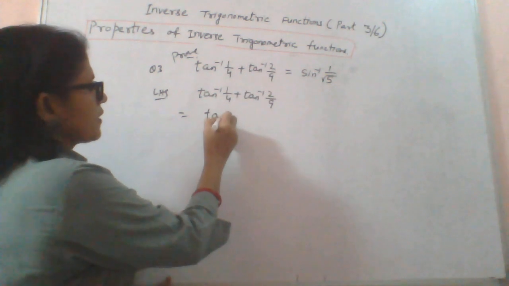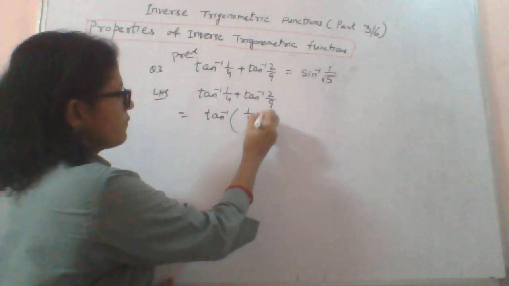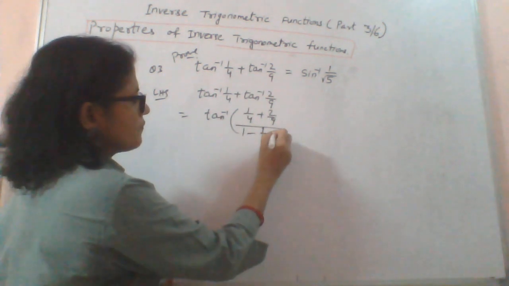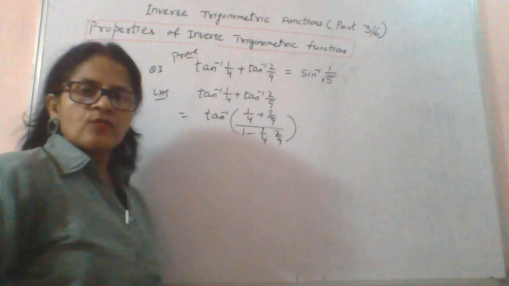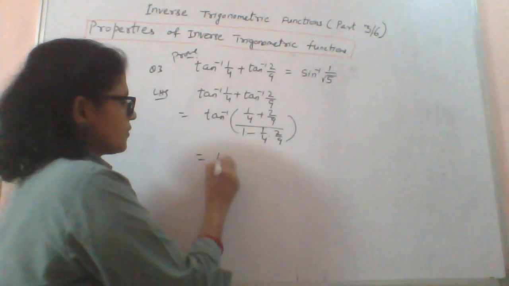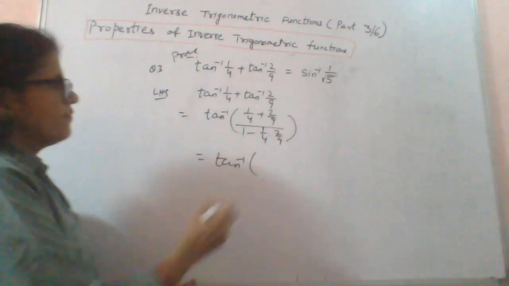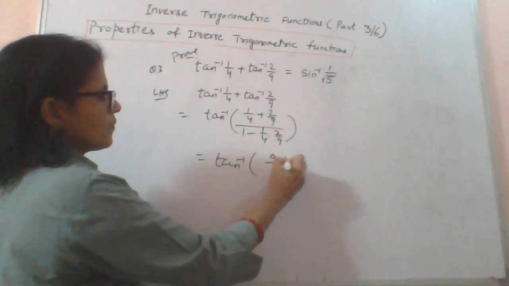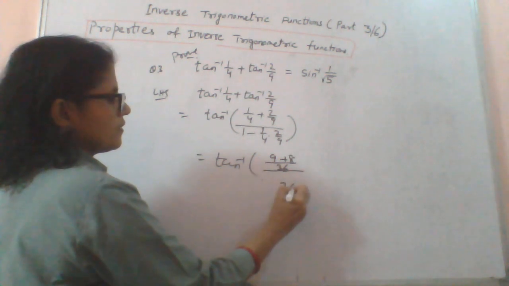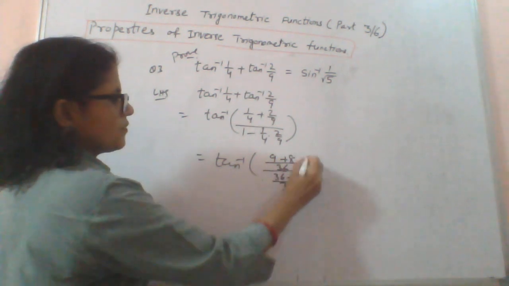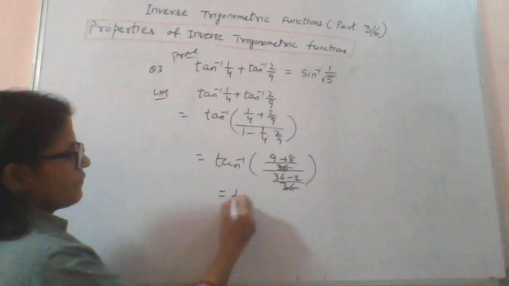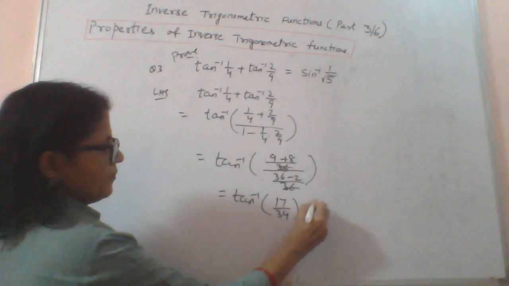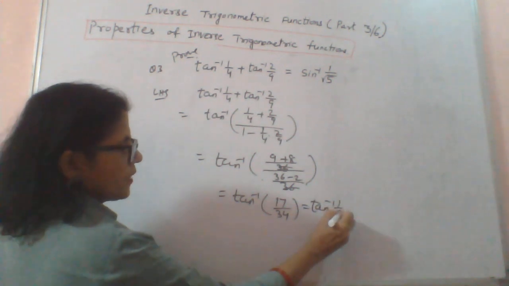So we can take tan inverse of (1 by 4 plus 2 by 9) over (1 minus 1 by 4 into 2 by 9). Quickly we can do this. So tan inverse of, here it is 36 as the LCM, 9 plus 8 over 36 minus 2. So you have tan inverse 17 by 34, which means tan inverse 1 by 2.